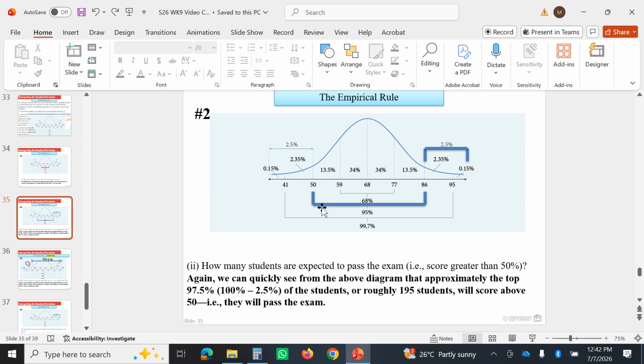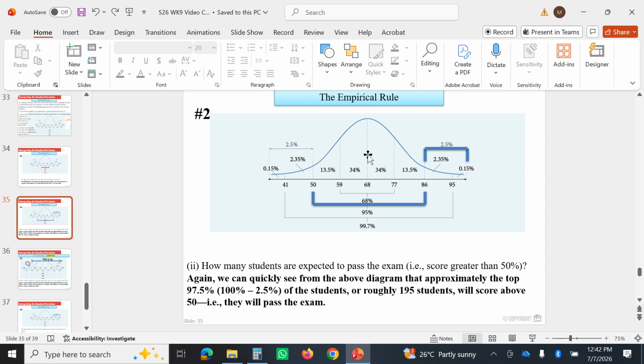And you have a look. There's a couple of different ways you can do this, okay? You can just go, well, all of this information from the third standard deviation on this side to the third standard deviation on this side is 99.7. But no, we only go to the second standard deviation on the left side.